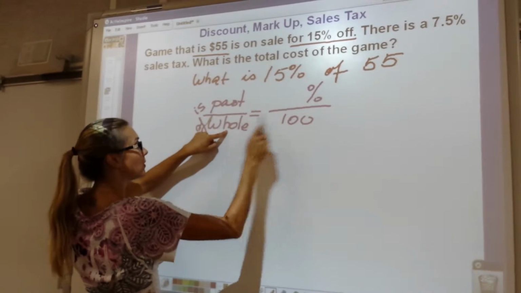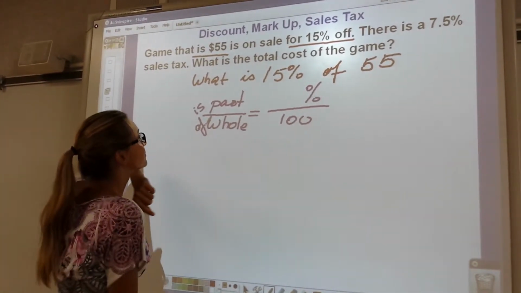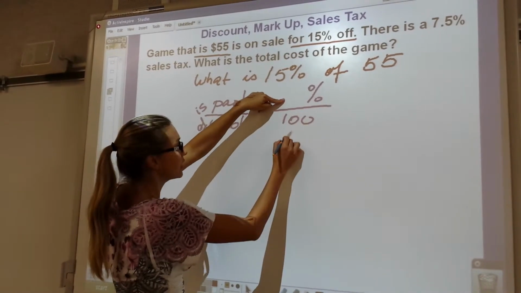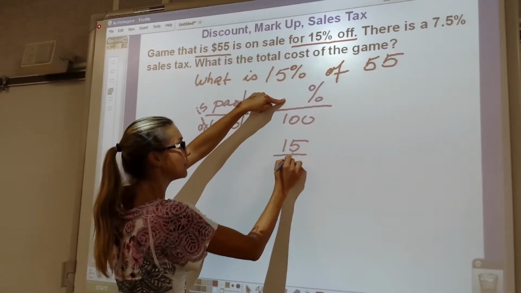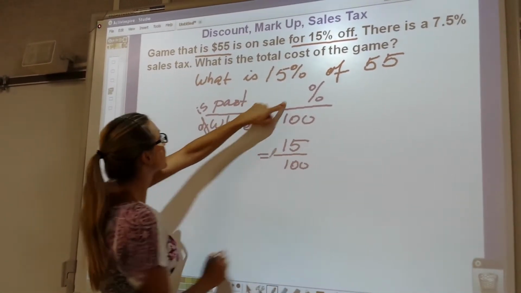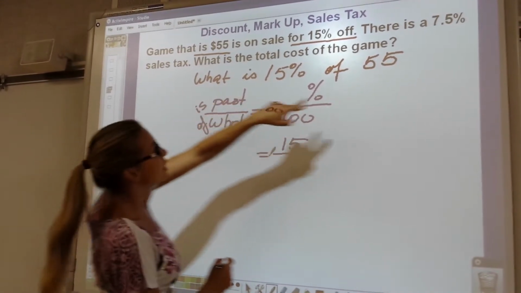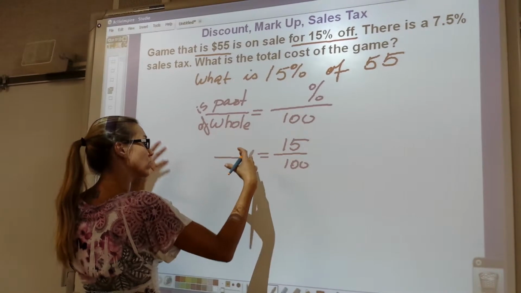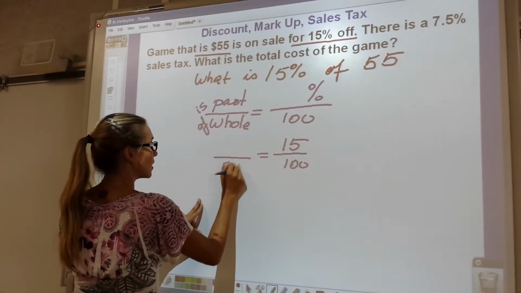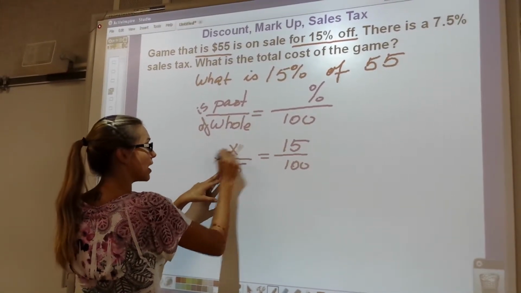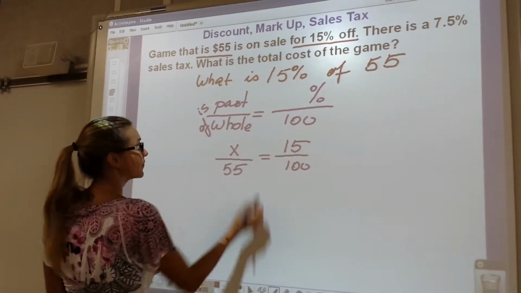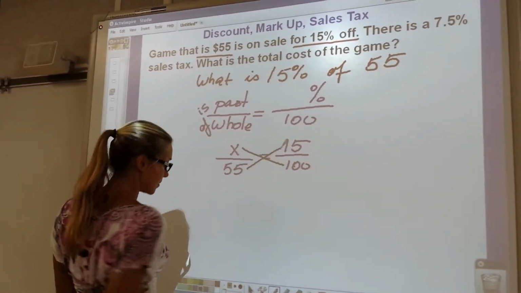Part, whole. Alright. What is 15% of 55? 15 will go right in there. I keep my 100. Whole of 55, that is my total, how much it actually really truly costs. And I want to find out what is the part of that, right? My 15%. Cross multiply.